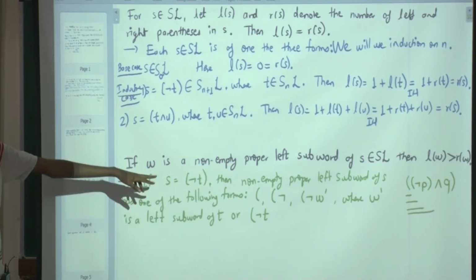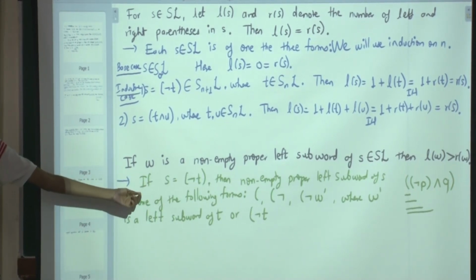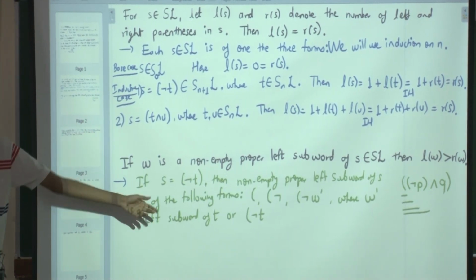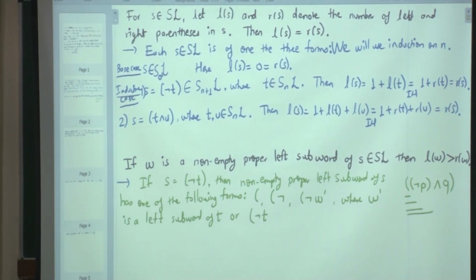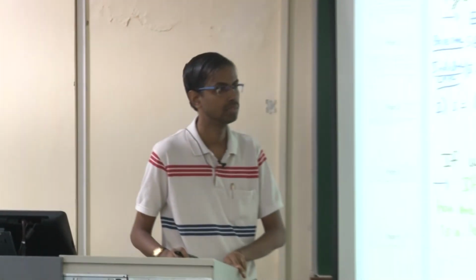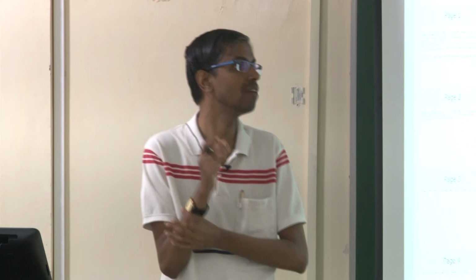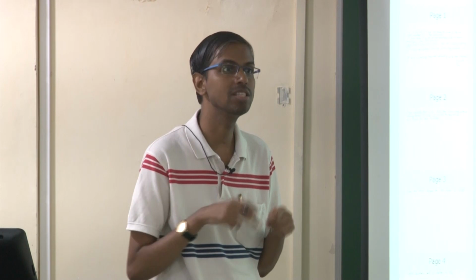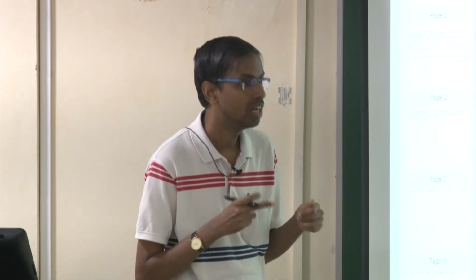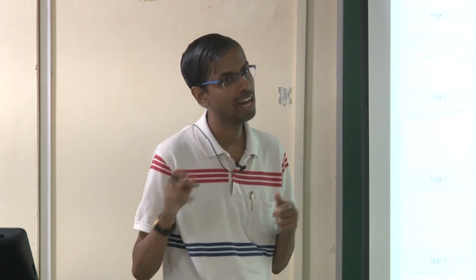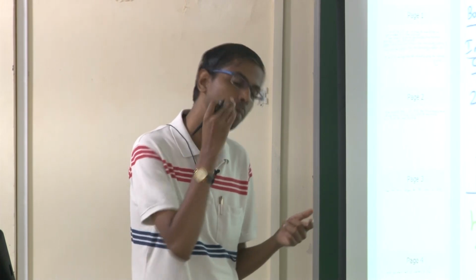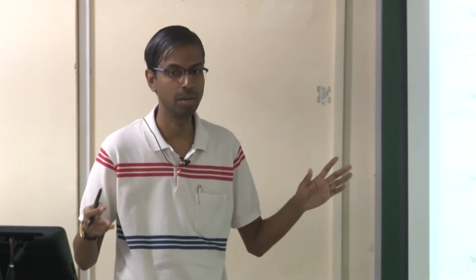Now, what will you do in the first case? If it is just a parenthesis, then how many left parentheses are there? 1, right, and 0 right parentheses. Second one is also the same, 1 and 0. Third one, what will you do? If W dash is a proper left subword of T, then by induction hypothesis you already know that L of W dash is bigger than R of W dash, and then what is L of W? 1 plus L of W dash, and therefore you can prove the result.